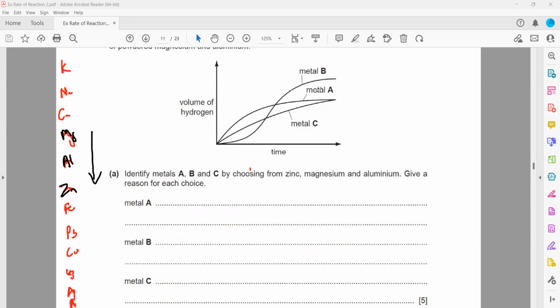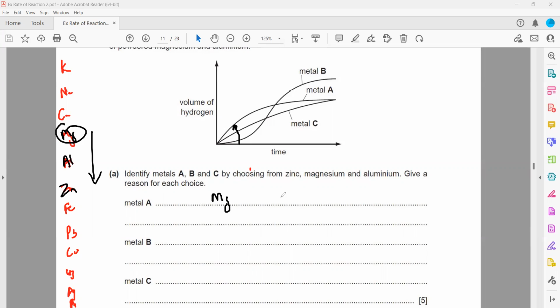So which reaction occurs at a faster rate? Magnesium, aluminium, zinc. So magnesium should react faster. Which is reacting faster? Metal A is reacting faster because you can see the slope is much steeper. The angle with the x-axis is much greater compared to B and C. So that's why metal A is magnesium.